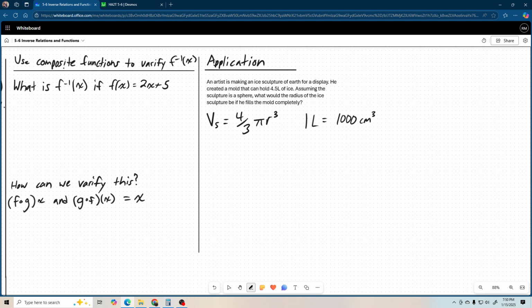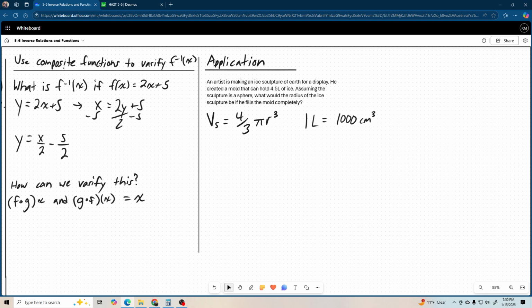We're going to have y equals 2x plus 5, which means we have x equals 2y plus 5, right? Now we're going to subtract 5 from both sides and then divide by 2. So we're going to get y equals x over 2 minus 5 over 2, right?